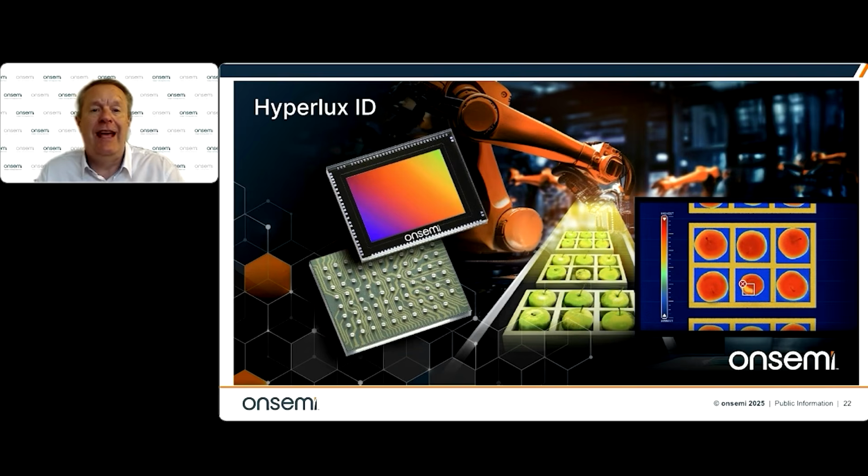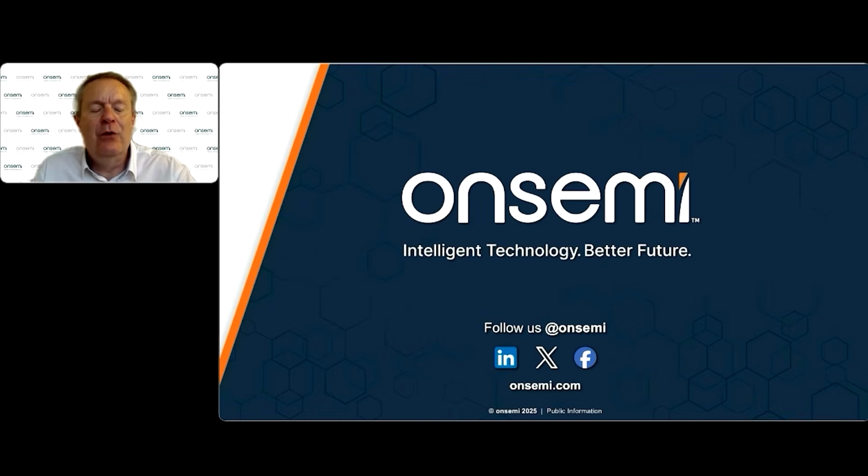We have a Hyperlux LH family, low power, high dynamic range, up to 12 megapixel. And we also then have 2 megapixel, 12 megapixel, and we have Hyperlux SG, which is small global shutter, which is VGA resolution of 2 megapixels. So this is another addition to that Hyperlux family. So hopefully you can look at our whole Hyperlux family and what was discovered. So I think that concludes what I am presenting today.